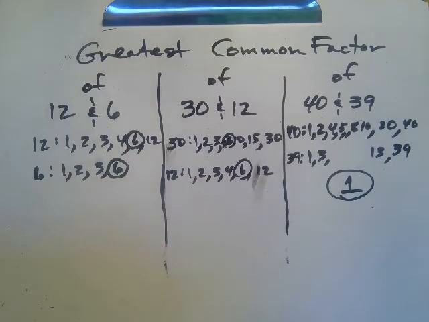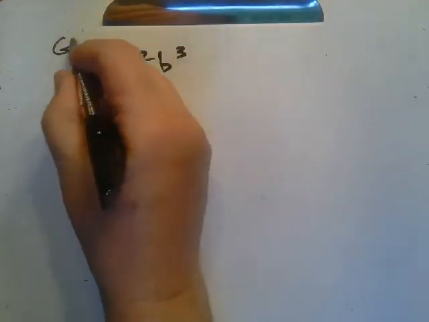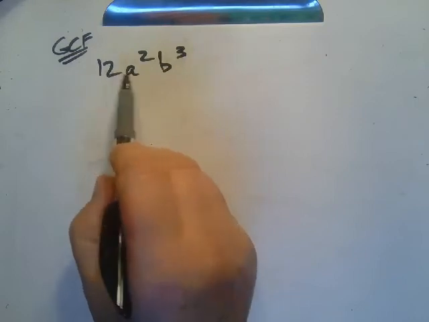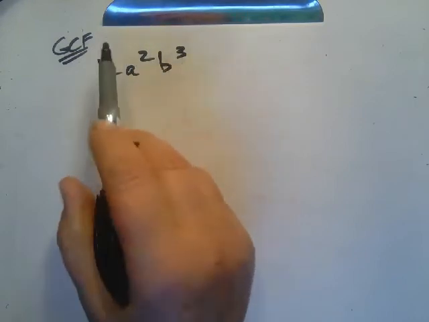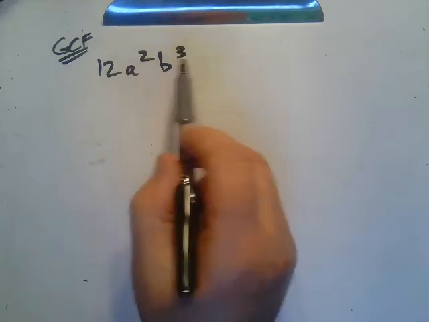So you're going to be looking for greatest common factor in lots of things. As you'd expect in algebra, we don't just deal with numbers, we deal with variables. If I wanted to find the greatest common factor of something, the first thing I need to know is how to break this down into all of its prime factorization. The variables are easy.